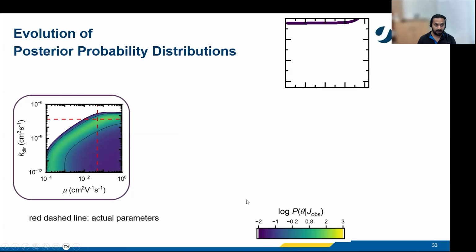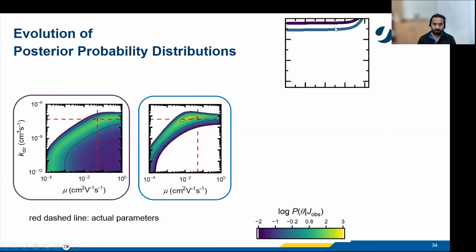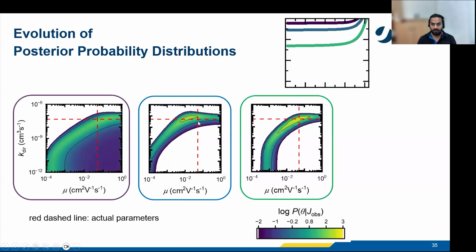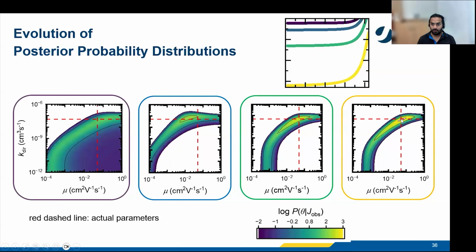And you can see that the probability distribution is pretty wide. And then you feed in the next JV curve, and then the probability distribution is more focused. And as you keep going along that line, you reach the right parameter values that you want in this probability distribution.